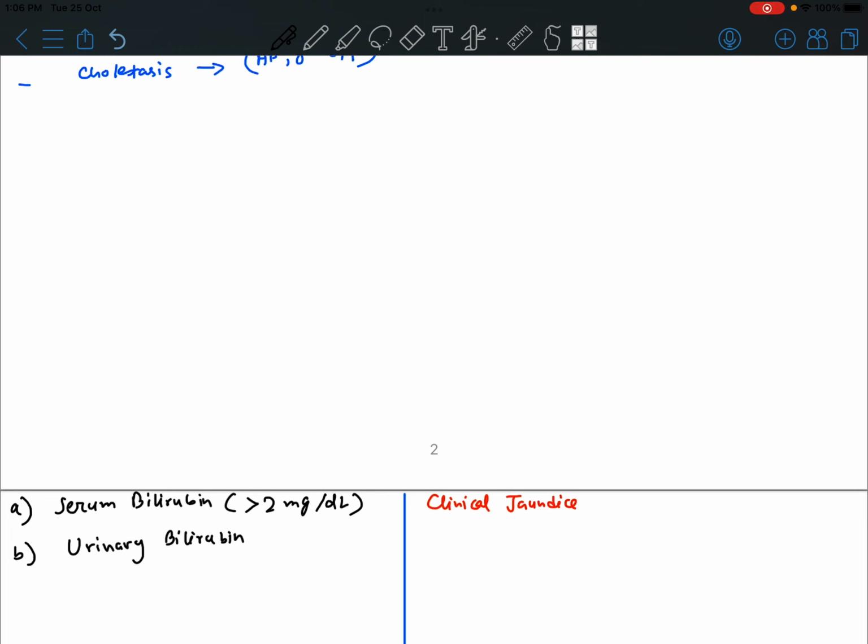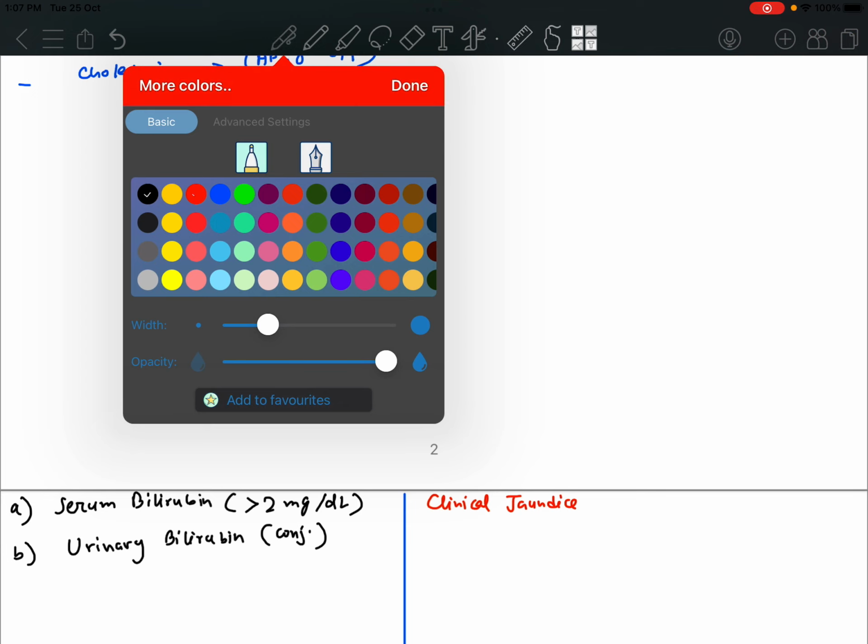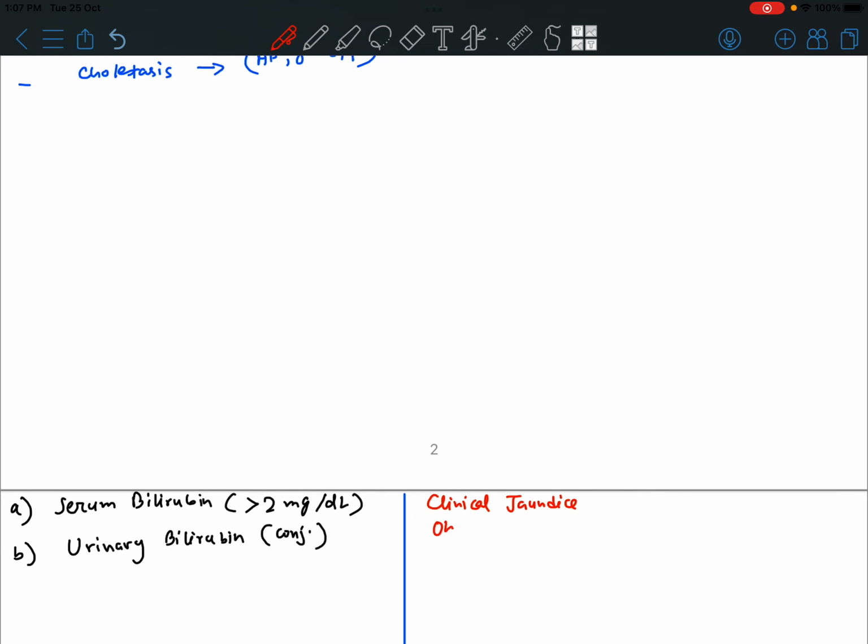Presence of deep yellow soluble bilirubin, that is bilirubin glucuronide, in urine indicates presence of obstructive jaundice. So if it is conjugated, then we can say it is obstructive jaundice.